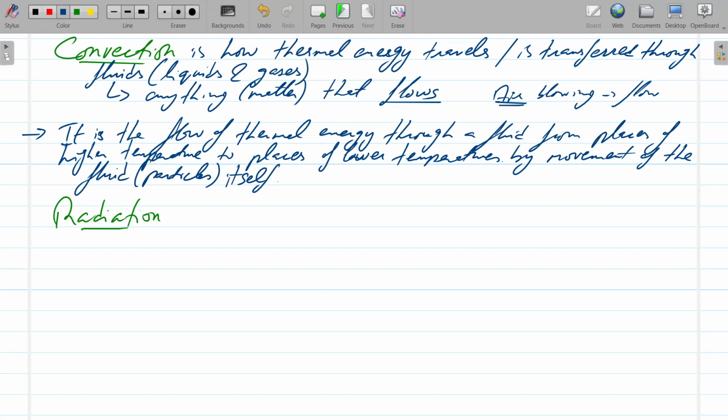And in this, particles of the matter are not involved. How it happens is through electromagnetic waves that are transmitted with the speed of light.